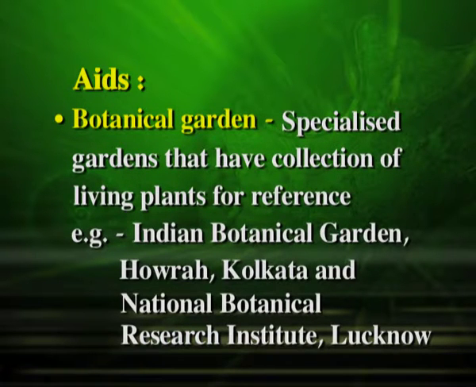Botanical garden: these are specialized gardens that have a collection of living plants for reference. Example, Indian Botanical Garden, Howrah, which is at Kolkata, and National Botanical Research Institute at Lucknow.